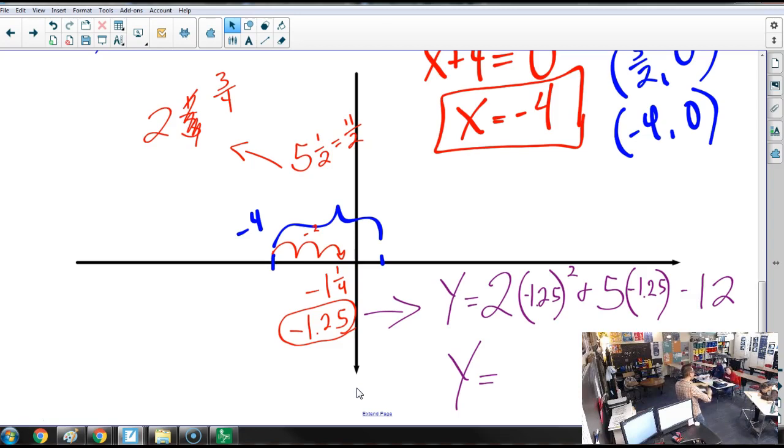Right? 5 points is safe for making a parabola. If you have 5 points involving the x-intercepts, the vertex, and 2 other points, not on the same side, right? Don't do 4 and 1. But then you could reflect the other. If you did that, you could then reflect them and have like 7 points.